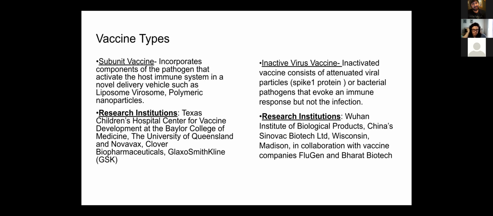Once that happens, it comes in, it's modified and processed, and it's then put up on the surface of the cell as the, I believe it's, major histocompatibility complex. That now then stimulates a response.